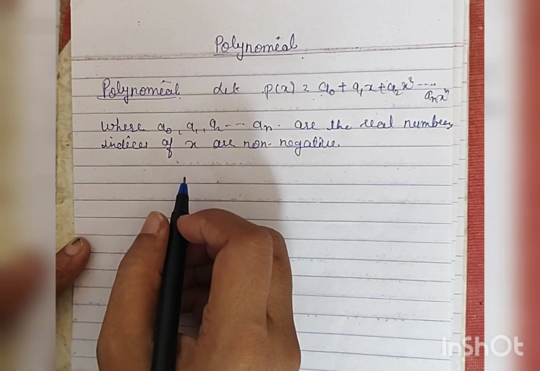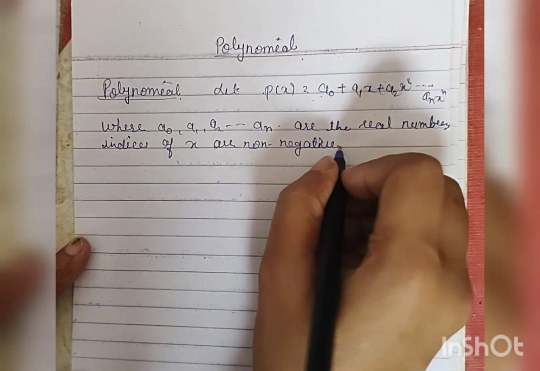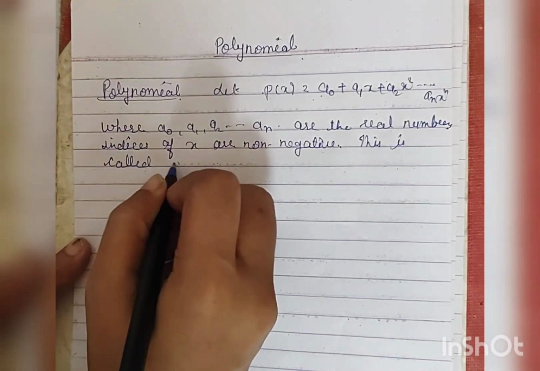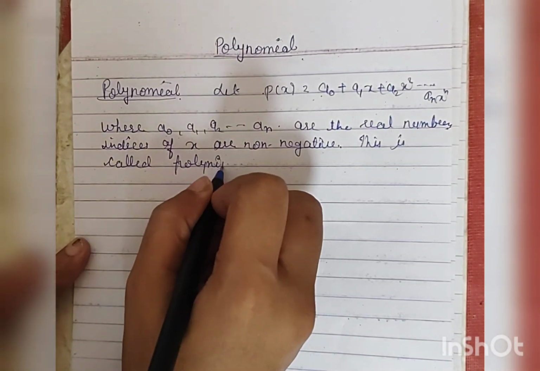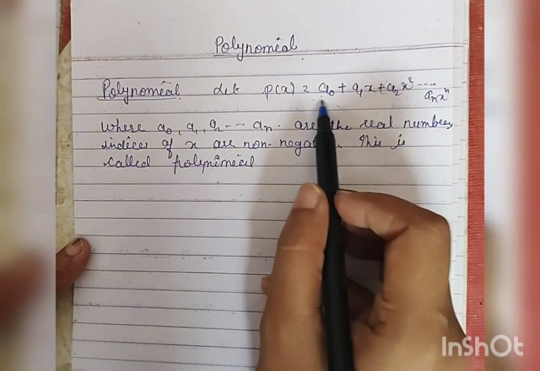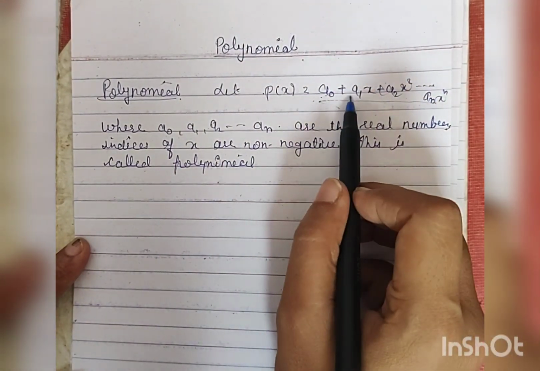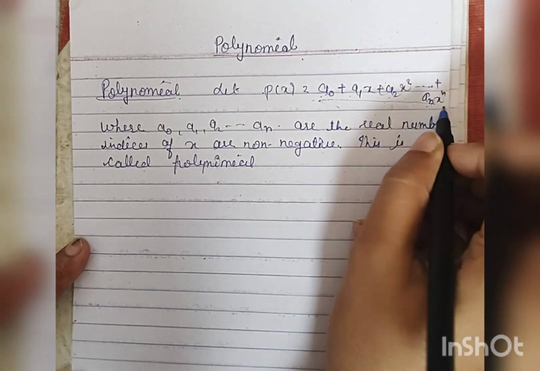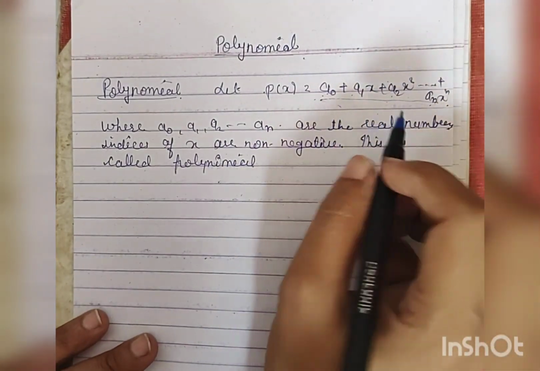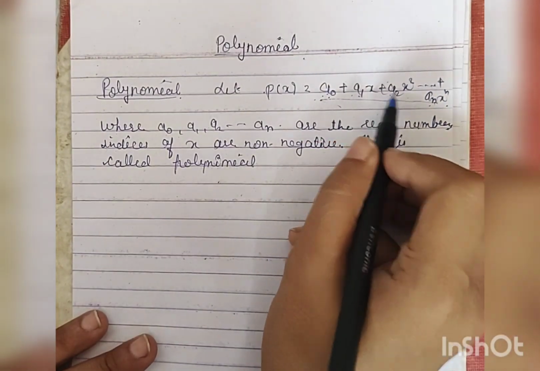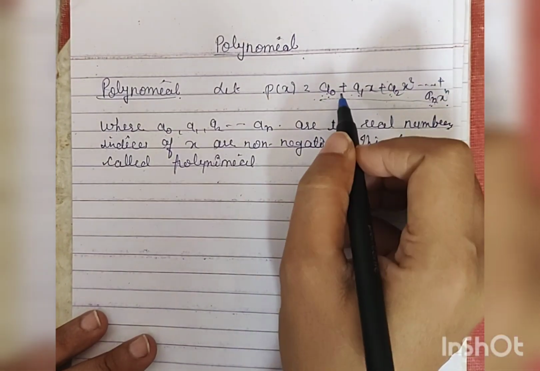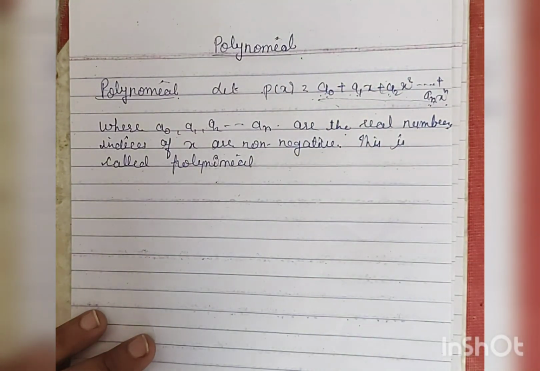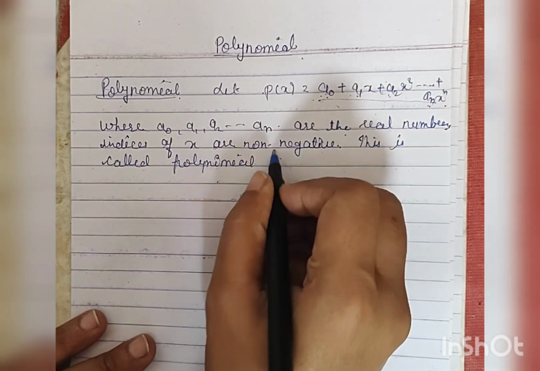This is called a polynomial. This algebraic expression a0 plus a1x plus a2x square up to anx to the power n, where a0, a1, a2 up to an are real numbers and the indices of x are non-negative numbers, is called a polynomial.